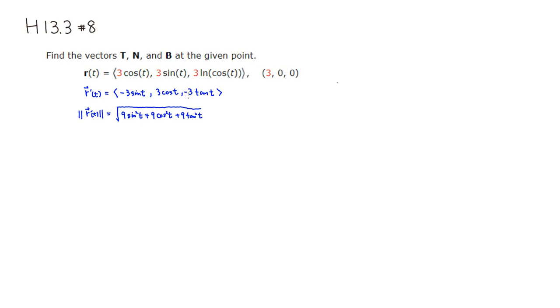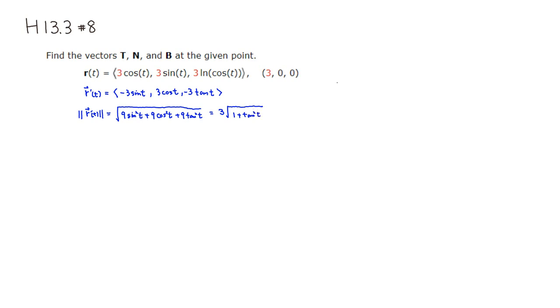Everything has a 9, so I'm going to pull 9 out, so it's the square root of 9, so I end up pulling out 3. Then sine squared plus cosine squared is 1, so I put 1 here. And then you have a tangent squared.